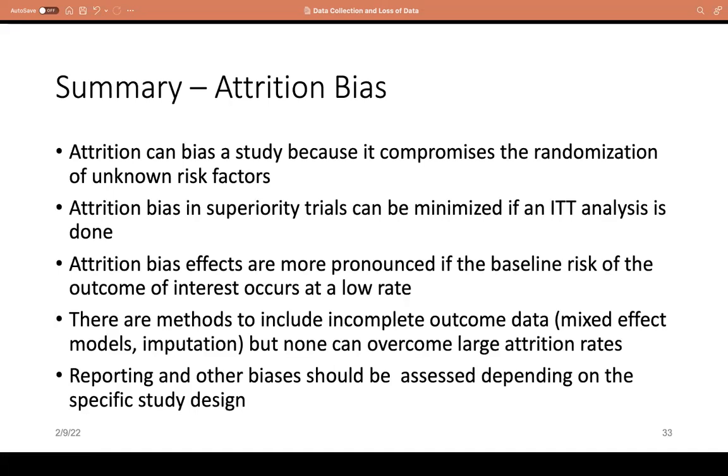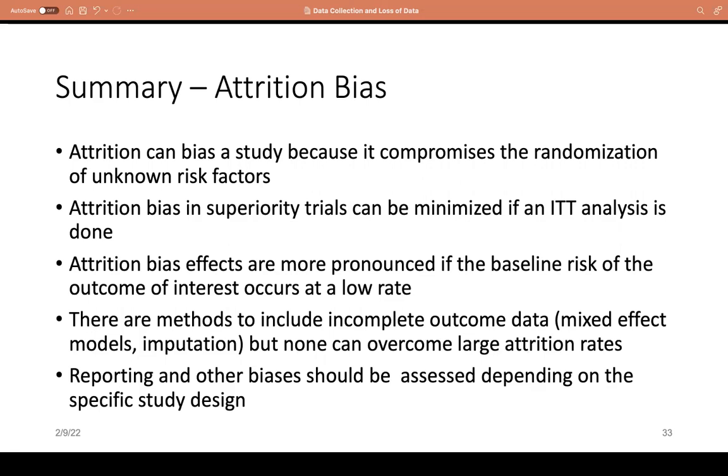So just to summarize, attrition bias can cause lots of issues and potentially compromises the randomization strategy. Again, you want to use this in superiority trials. You can mitigate this using intention to treat analysis.